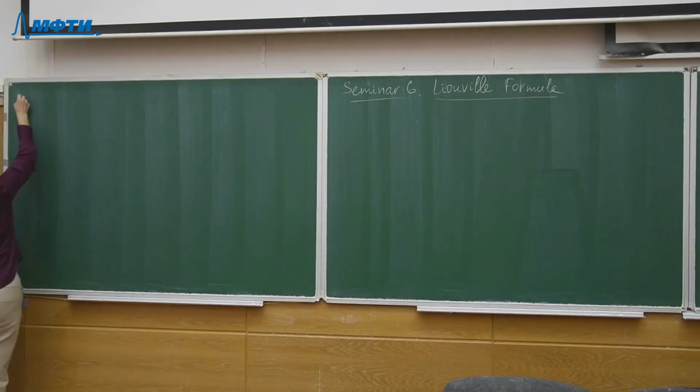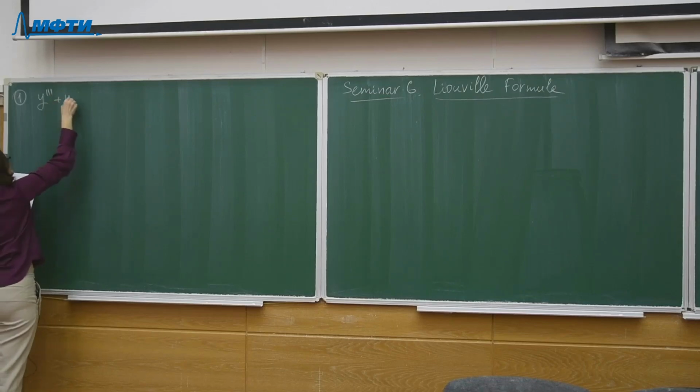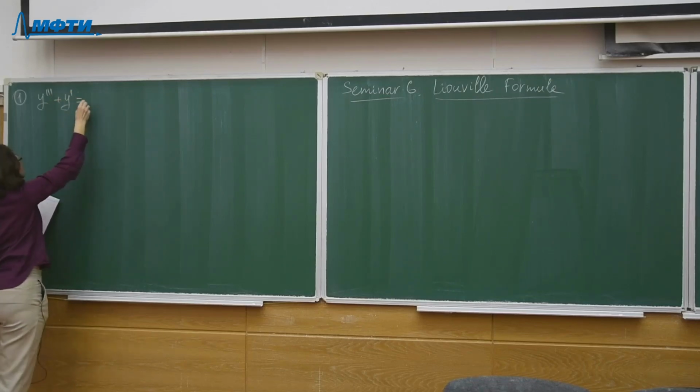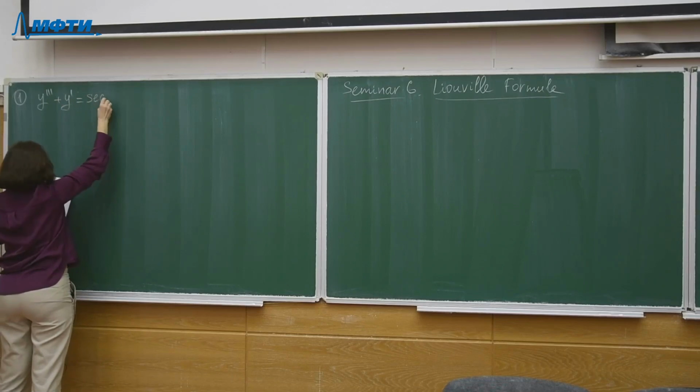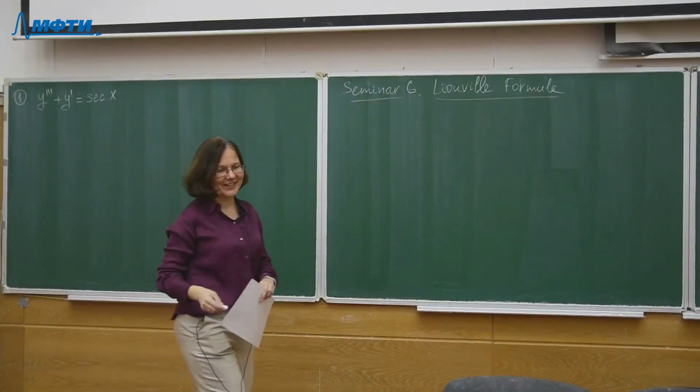This method was discussed in the preceding semester, so I'd like to recall it. For example, suppose we want to solve this differential equation, with secant of x on the right-hand side.